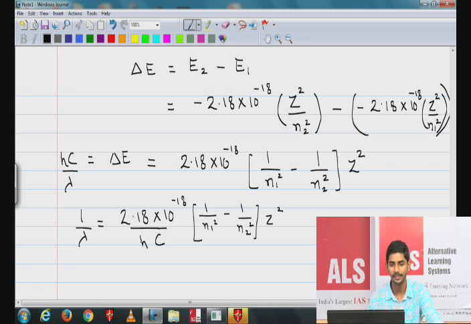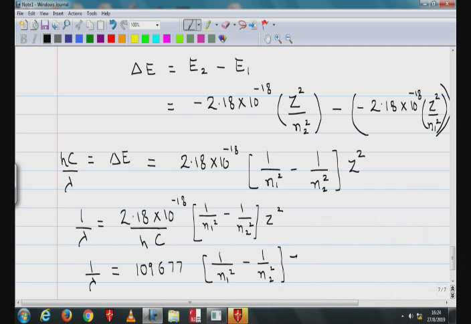Guys, remember H is constant, C is also constant. So when you solve this whole value, you will again get a constant, and that constant value is this one, 109,677. That you have to remember. 1 upon N1 square minus 1 upon N2 square into Z square. So this is our required formula.